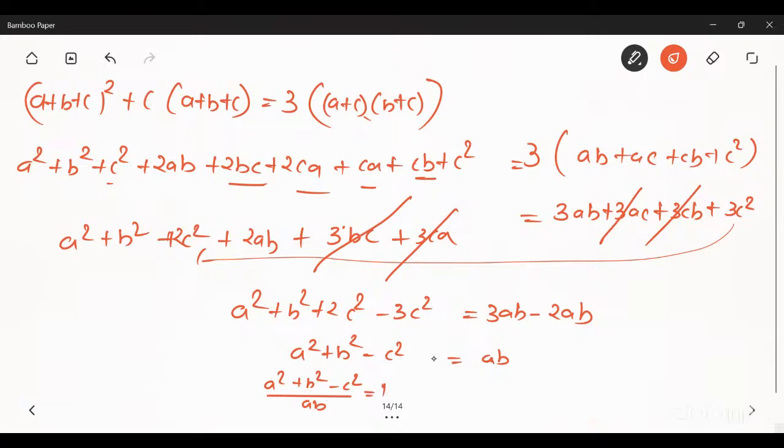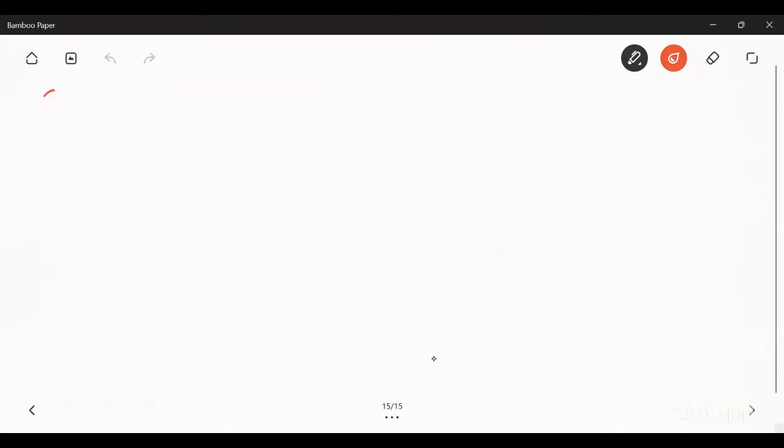And that is the value of cos C. So we have seen a square plus b square minus c square upon ab is equal to 1. Now halve both sides. So you will get a square plus b square minus c square upon 2ab is equal to 1 upon 2.